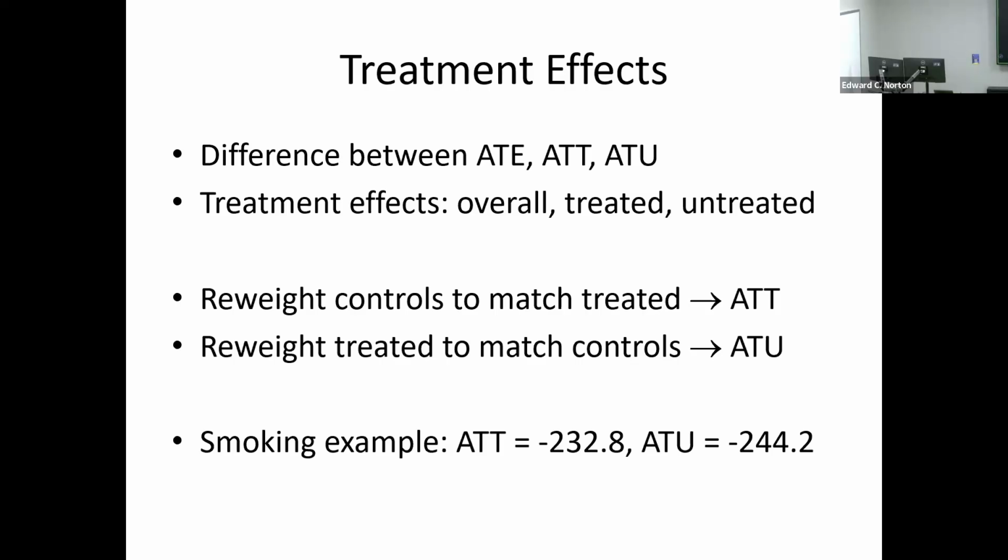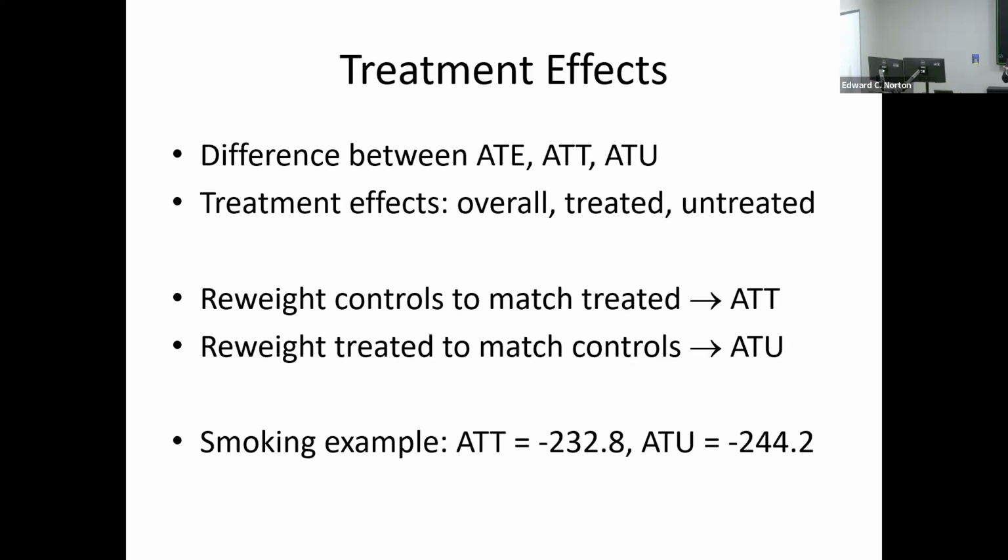The average treatment effect on the treated, which is what I just told you about, is to reweight the controls so that they collectively look like the treated. And to the extent that you can think about this as causality, which is dicey, wait 2 slides, we can think of this as an average treatment effect on the treated.